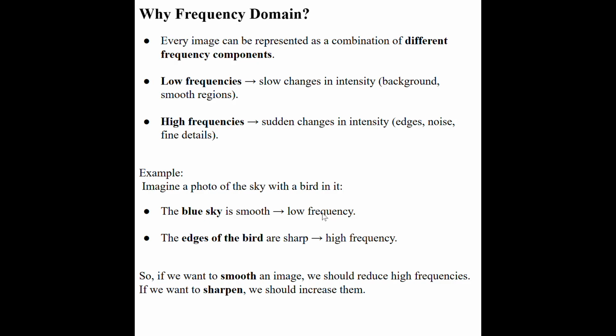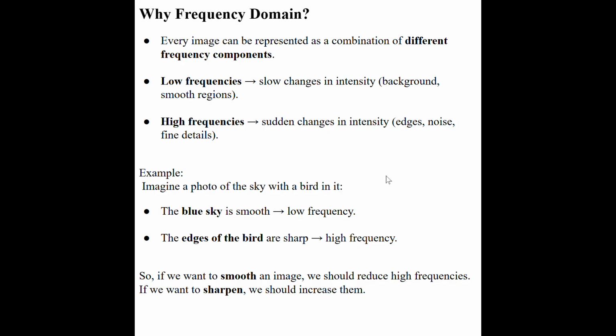This is the example you can give whenever you are asked to explain what the frequency domain is, given a picture, and to figure out what the high frequency and low frequency are. If you want to smooth the image, we should reduce the high frequencies.